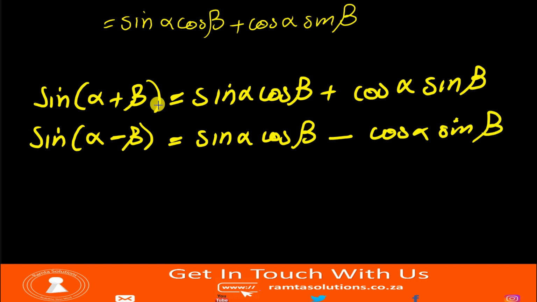Now, the ones of sine are different to that one of cosine. Remember, with cosine, when it's alpha plus beta inside, it'll be cos and sine, but they will be separated by an opposite sign to what's inside the bracket, right?